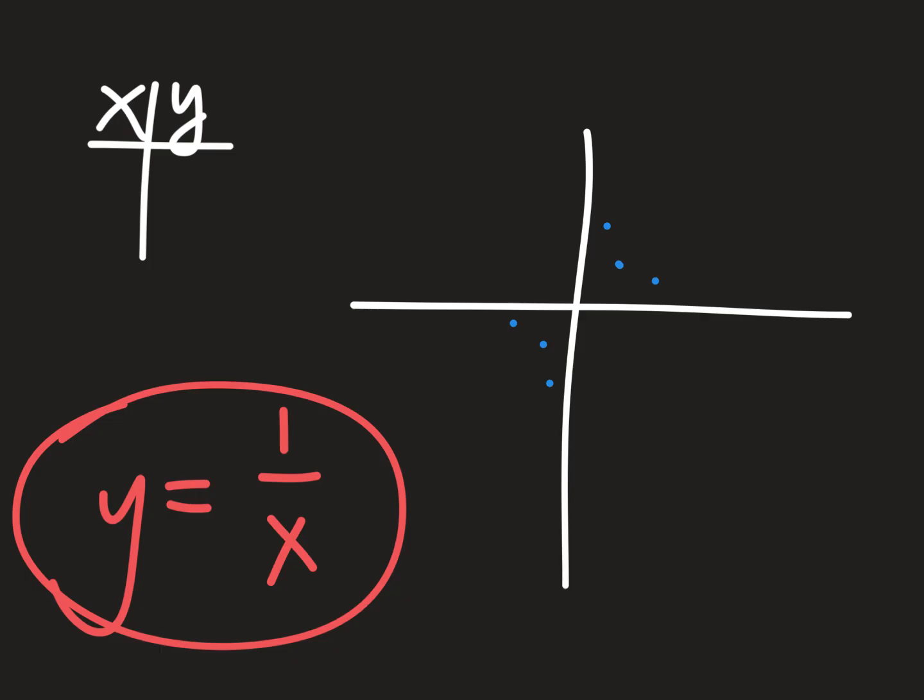This is the one that has asymptotes. I connect mine with yellow lines. There. So again, the XY chart could save your day.